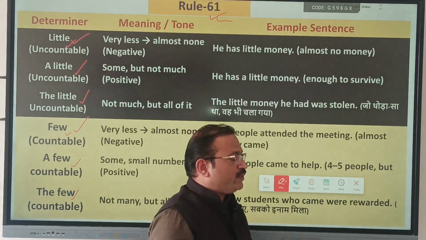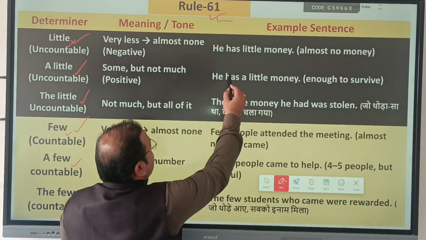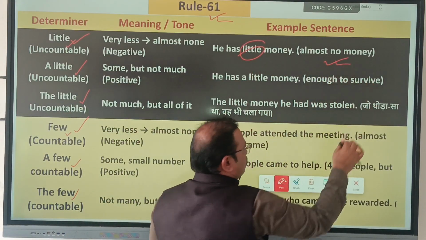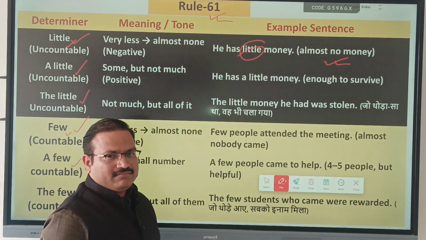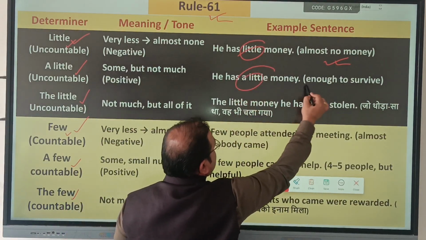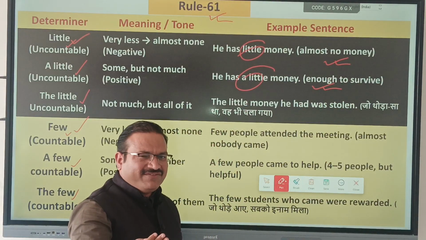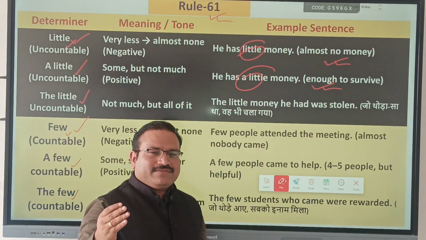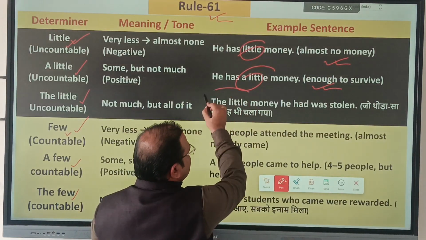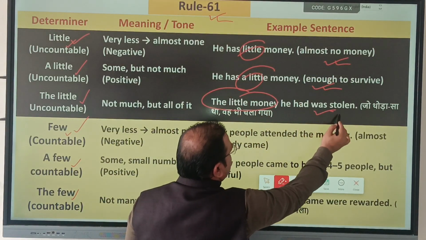Let us understand this with example. He has little money. Little money means almost no money, negligible, no money, काम भी नहीं चलेगा. A little money means enough to survive, not enough, but to survive it will be okay, considerable. And the little money he had was stolen.